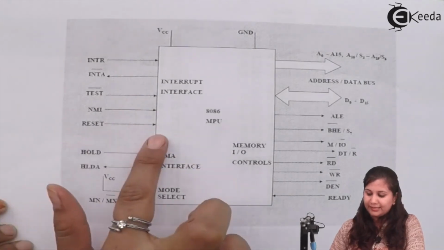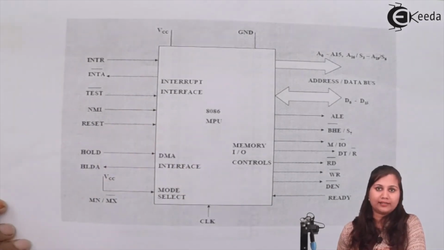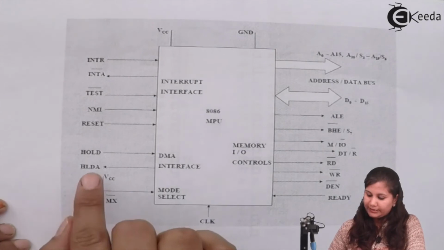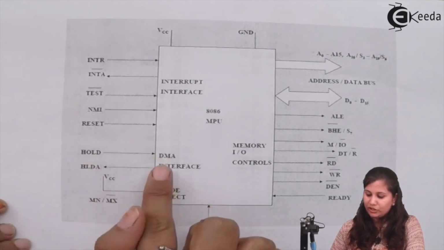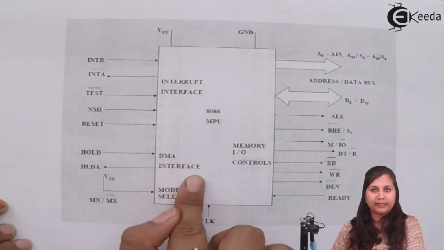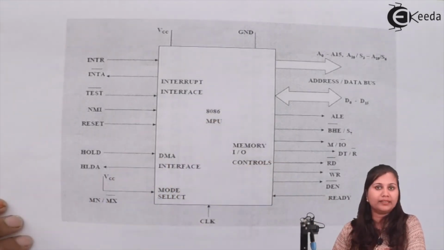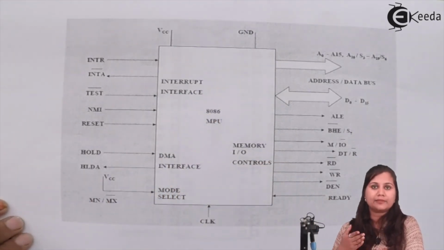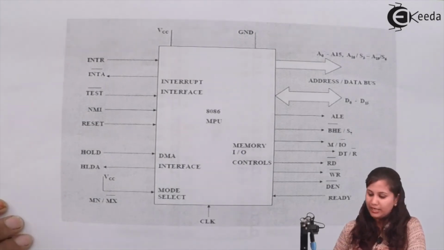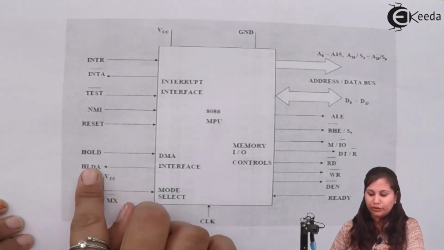Then the RESET signal is used to restart the execution of 8086. Then we have HOLD and HLDA, which are used for the DMA interface. Whenever the 8086 is interfacing with the direct memory access controller, these two signals are used.